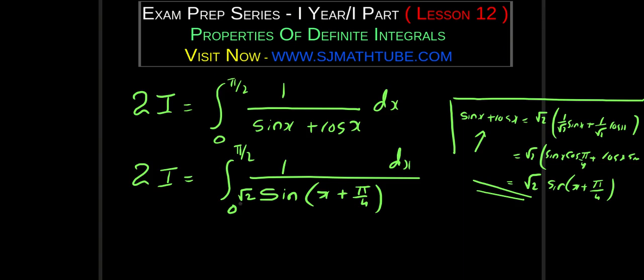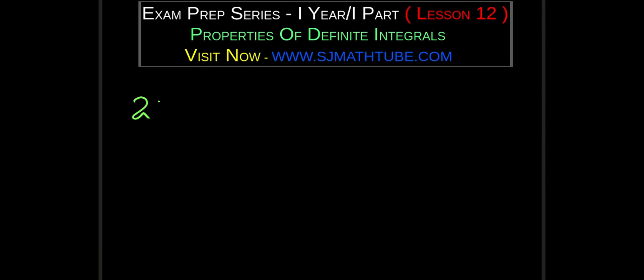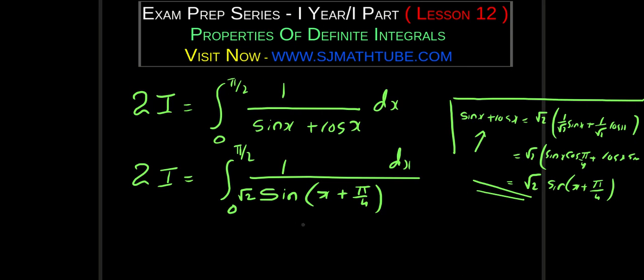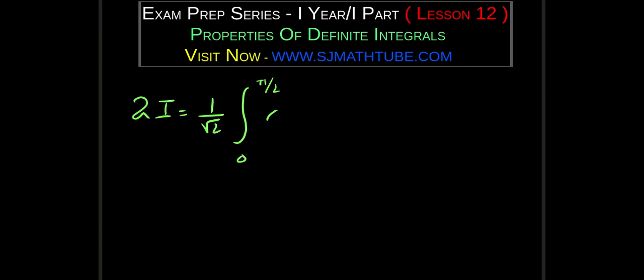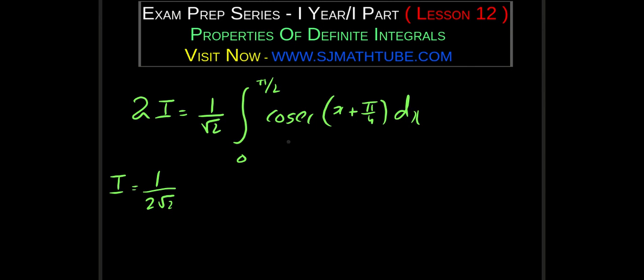Now I think you are able to associate with the introduction of this video, and this 1 by root 2 goes outside. So I'm going to write 2I is equal to 1 by root 2 integral 0 to pi by 2 of 1 by sin theta, that will be cosec x plus pi by 4 dx. Let's cross multiply and write I, that will be 1 by 2 root 2, and then you're ready to integrate.